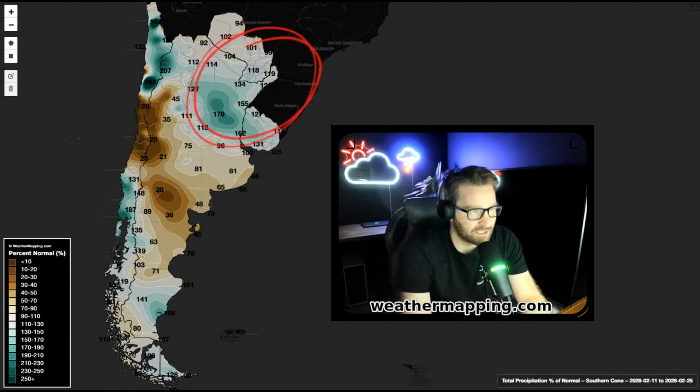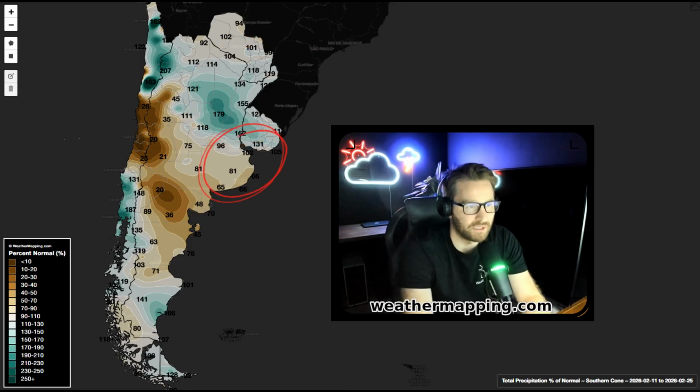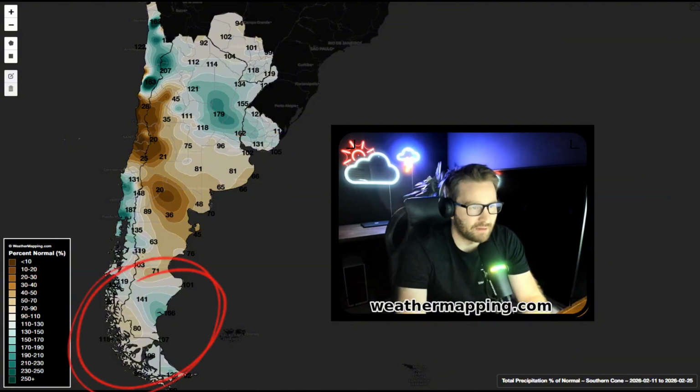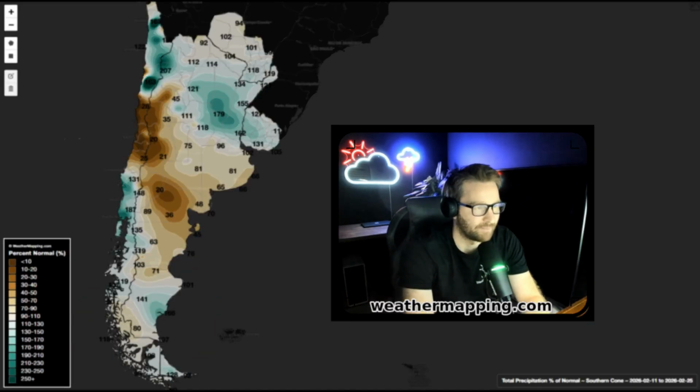Uruguay and the adjacent parts of northeastern Argentina look near normal to modestly below normal, generally around the 60 to 90% range, with some tighter transition zones to the wetter north. Patagonia in the far south looks relatively balanced. Large areas hover near normal, but there are some wet pockets on the Atlantic side that push into the 130 to 170% category.